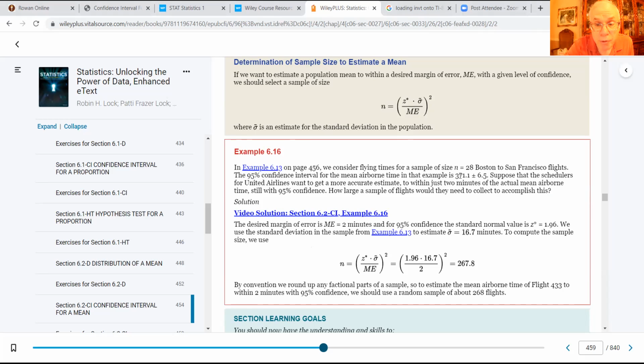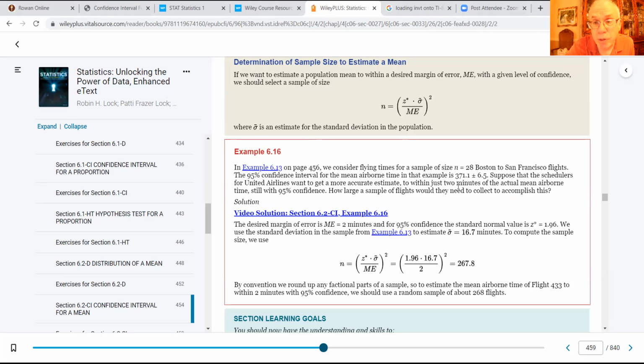And we also want the estimate to be within 2 minutes of the actual mean. In other words, here's the word within, 2 minutes. So 2 is the margin of error.